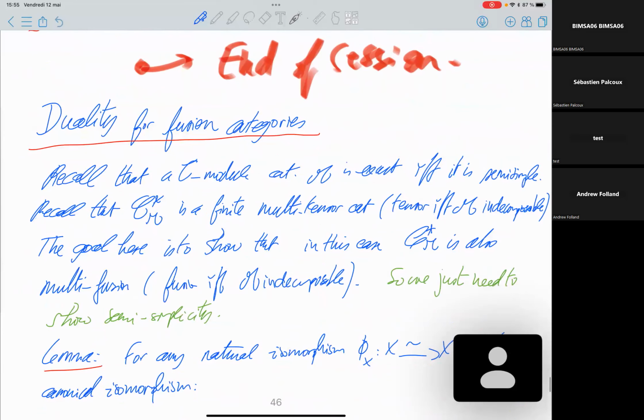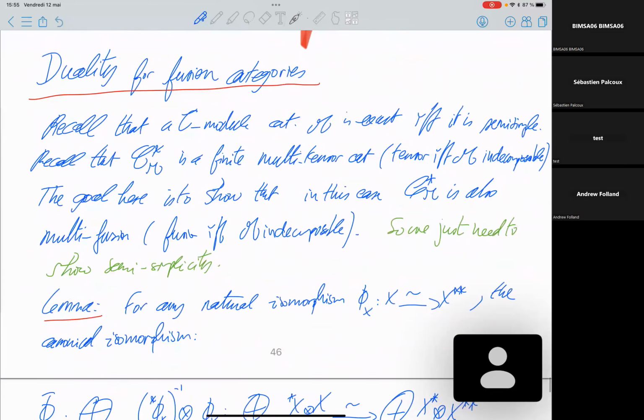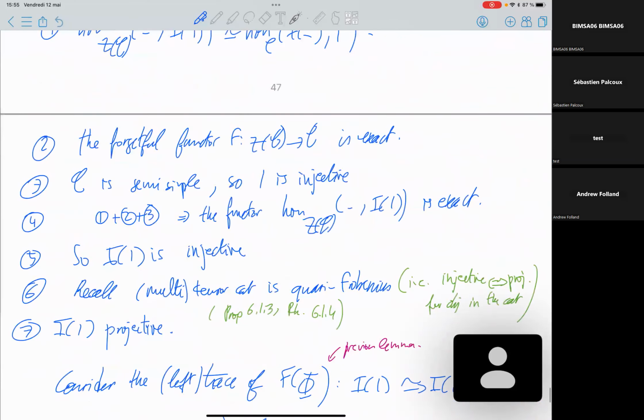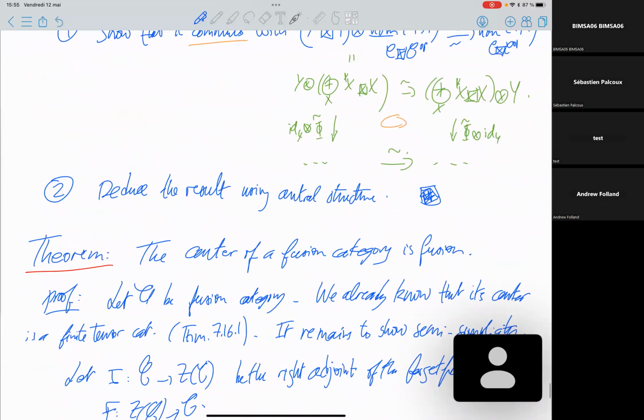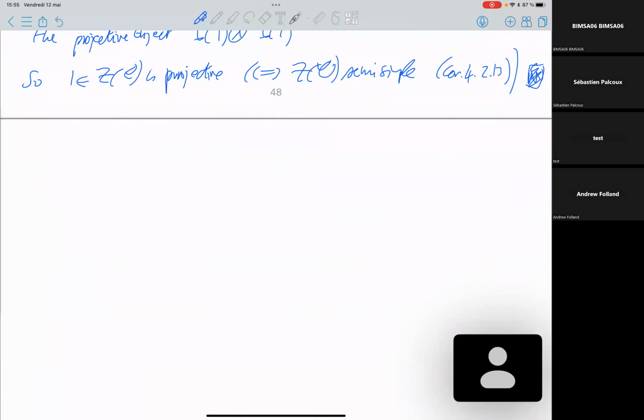The goal is to prove that the dual with respect to a module is fusion. So we proved the center is fusion. Now we will use that to prove that the dual with respect to an indecomposable module is fusion also.